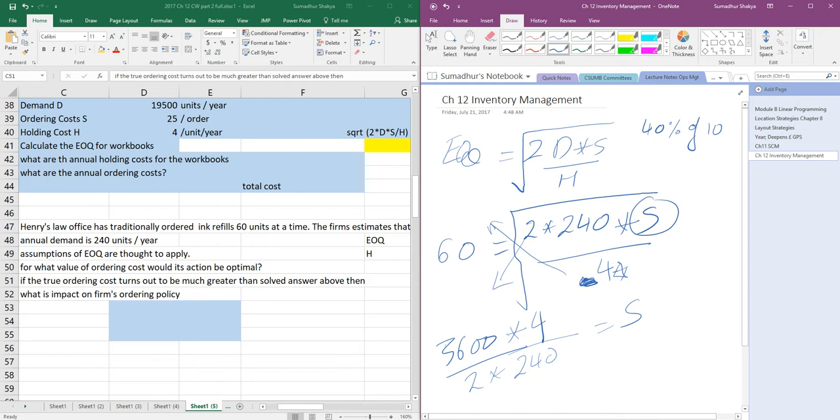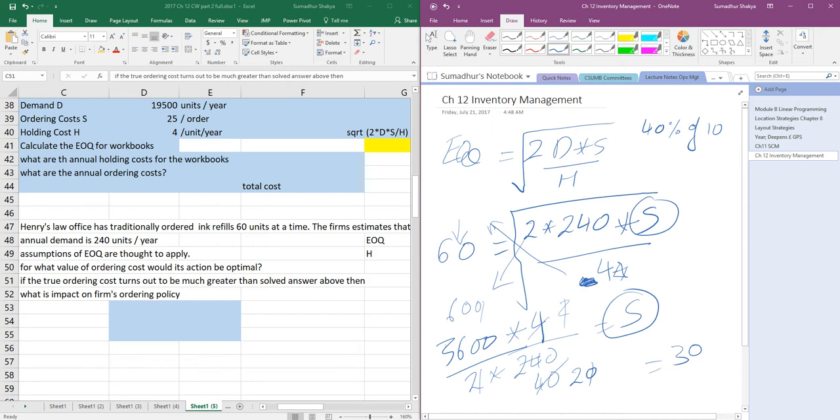So ordering 60 refills at a time would only be good if the cost of placing the order was this. Simplifying, 6 6s are 36, 6 4s are 24, and then we are left with 2 20s, and we come back to 30.